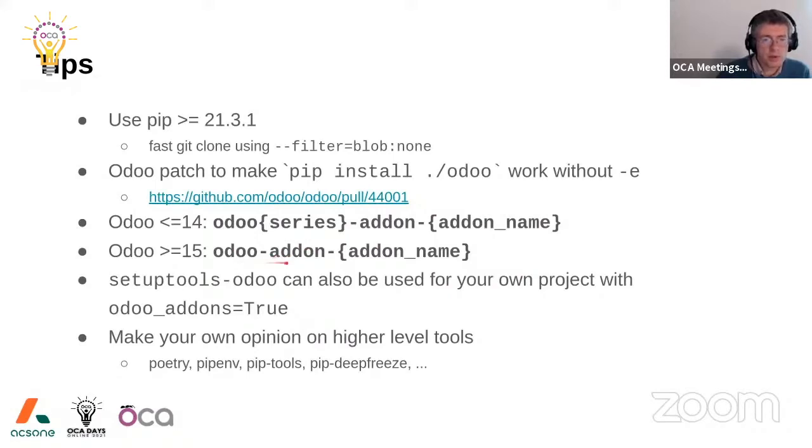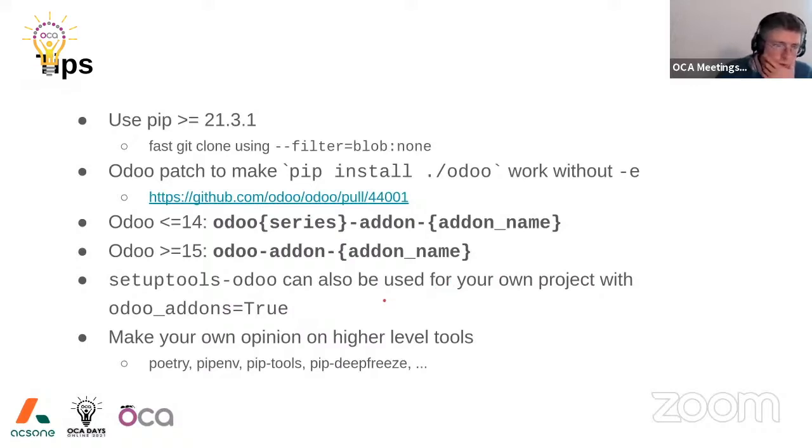And so from now on, the Odoo add-ons will not have the Odoo version number in the package name, and we will rely on pip version constraints to find the good version for your project based on the Odoo version that is pre-installed in your project.